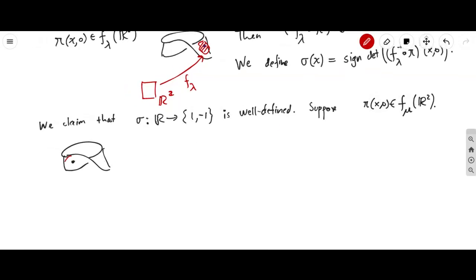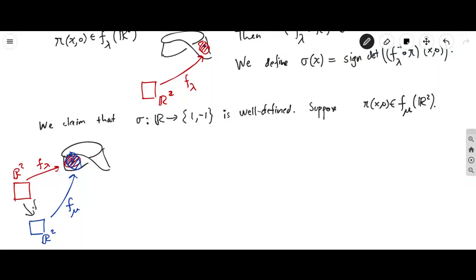We have some chart, mapping R2 homeomorphically over there, F lambda. But now let's say you have another chart that overlaps with it, and it also contains the point. So you have R2 going in there, this is F mu. And we have a change of coordinates between the two charts.